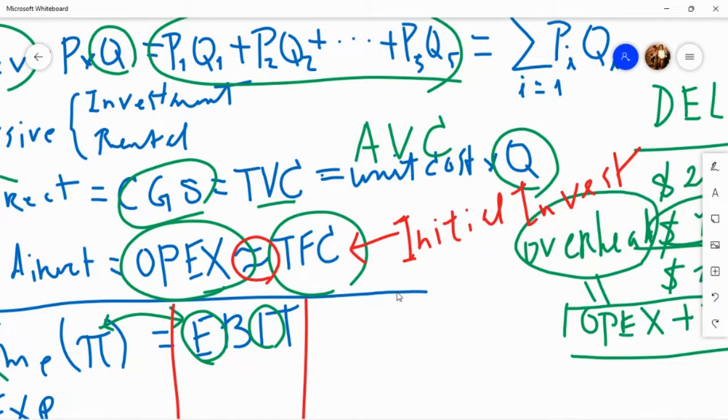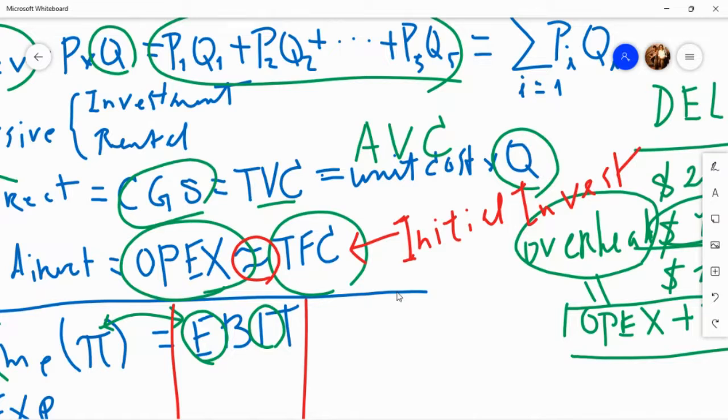And when everything is in place, the plant is built and all the production equipment is in place, then you can start the production. Okay, so $100 million doesn't change. It's a constant. That's why it's called fixed cost. It's fixed in the sense that it doesn't change with the production level.